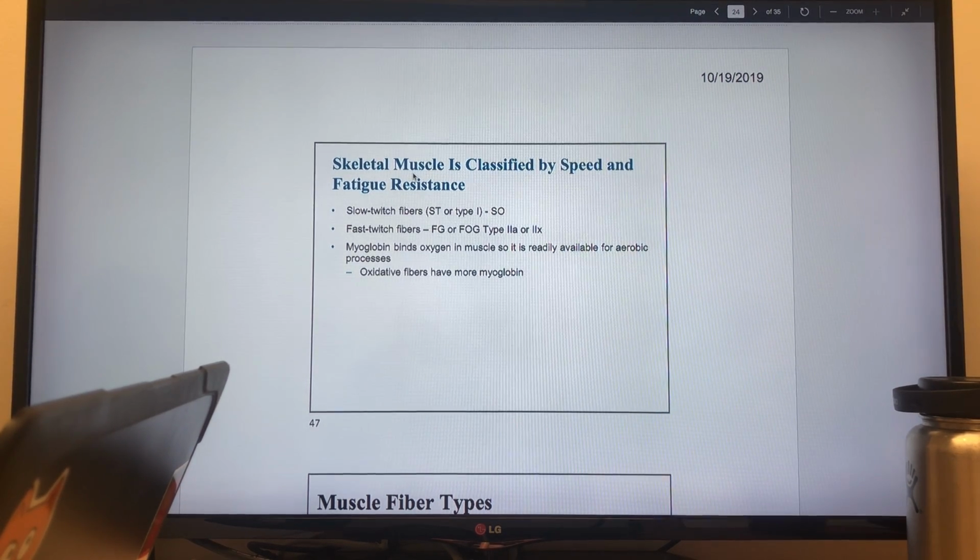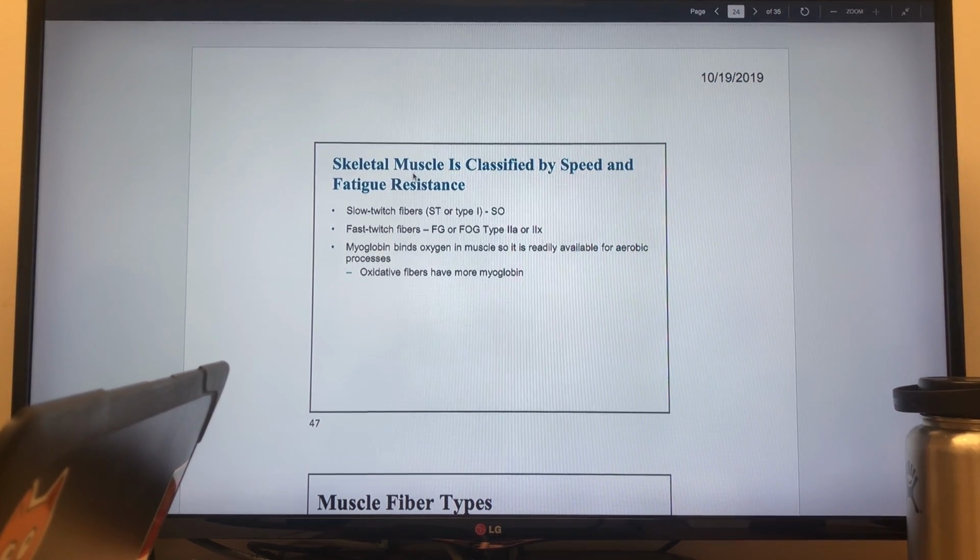And by low force, it doesn't contract that much. Since it doesn't contract that much, it doesn't have a lot of myosin, because myosin is what produces the pulling force, sliding filament theory, the power stroke.